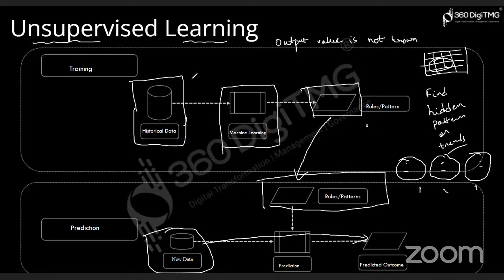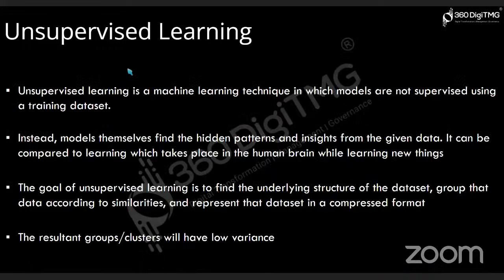So let us see. Let me clear the screen. So the general idea, let us go through this once. Unsupervised learning is a machine learning technique in which models are not supervised using a training data set. Generally in supervised learning we have a training set.